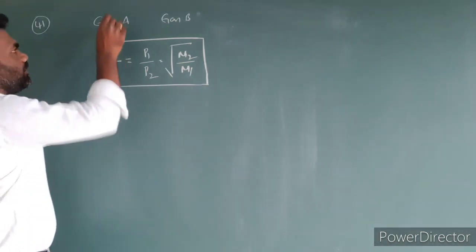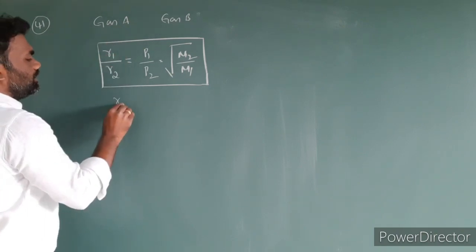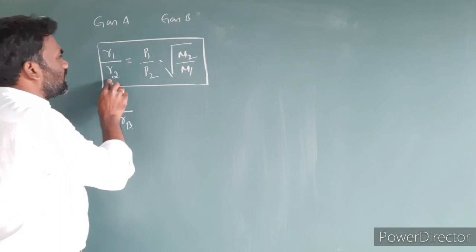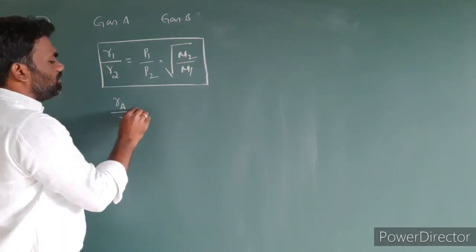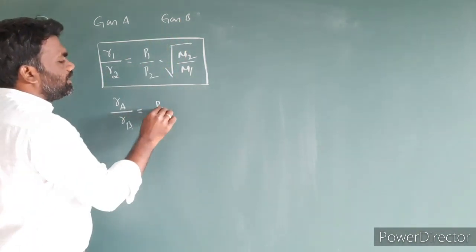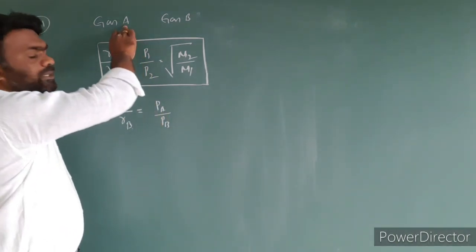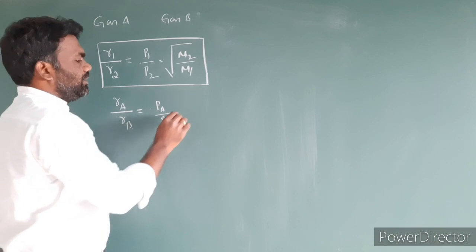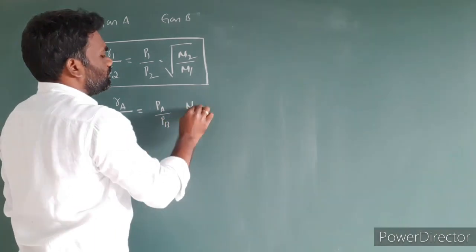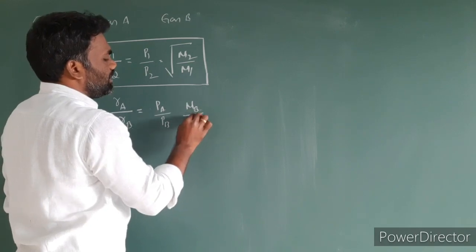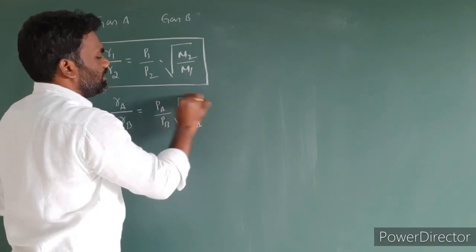In the place of R1 taking RA, and the second gas is gas B. So RA by RB is equal to P1 by P2, that means PA by PB, since the first gas is A and the second gas is B, into square root of MB by MA.